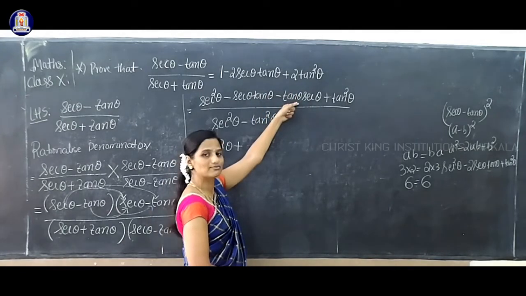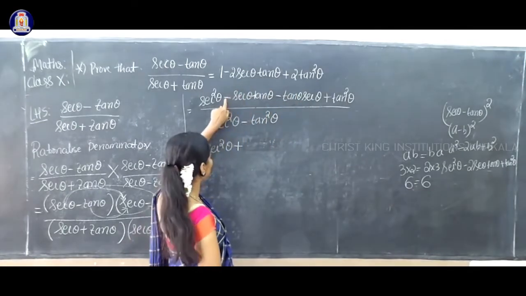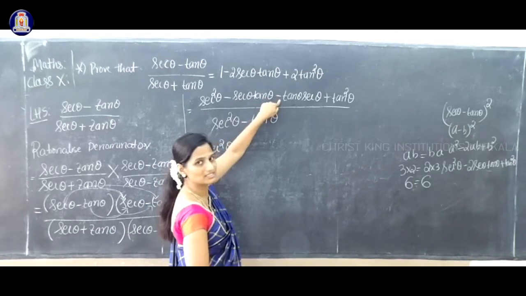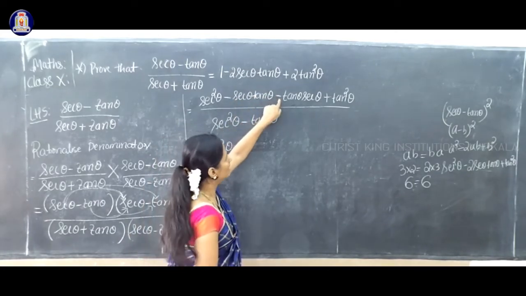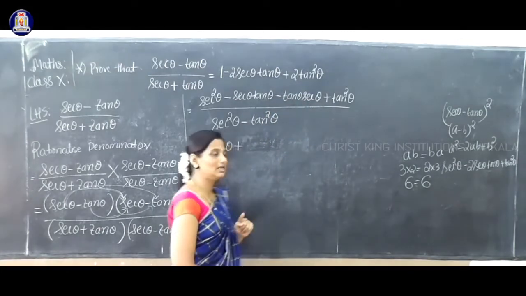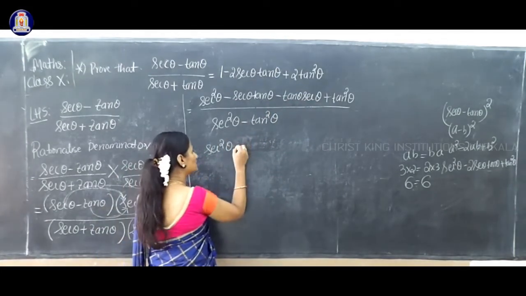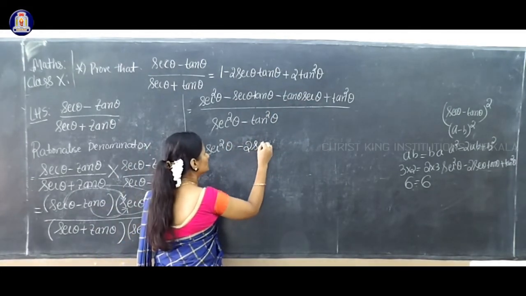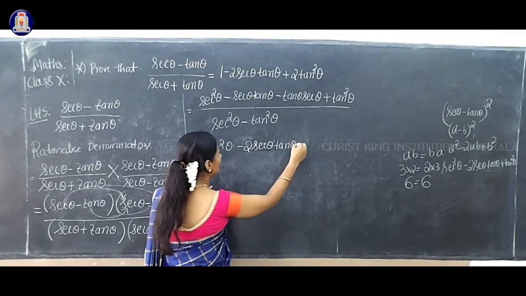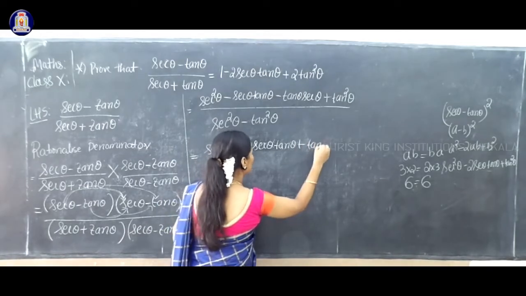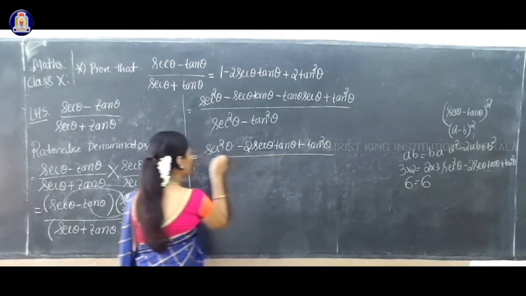That means this one and this one are like terms. Like terms means we can add or subtract. See the sign: minus and minus means minus 1 secant tan theta minus 1 tan secant theta, that is equal to minus 2 secant theta into tan theta plus tan square theta, divided by.